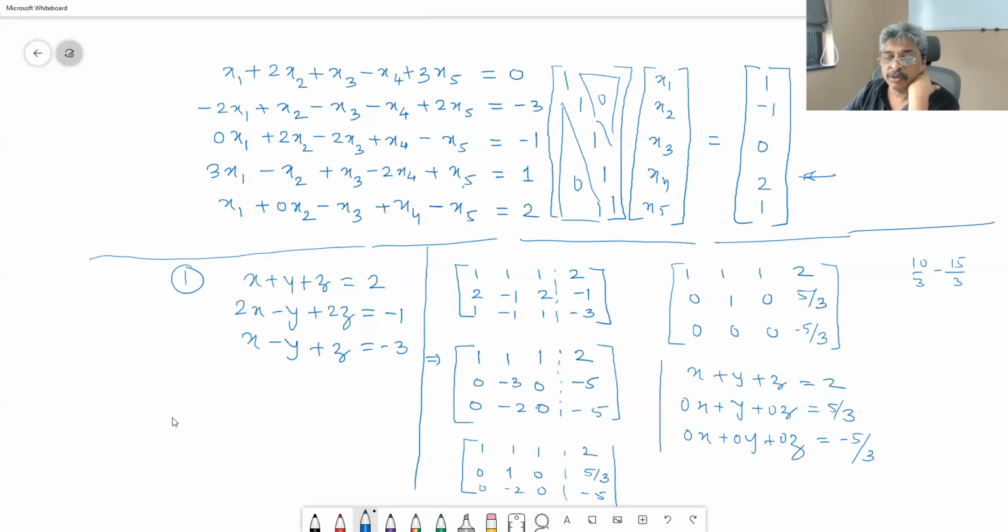What can you conclude out of this? What will be the solution set of this system? 0, 0, 0, minus 5 by 3. So no solution.